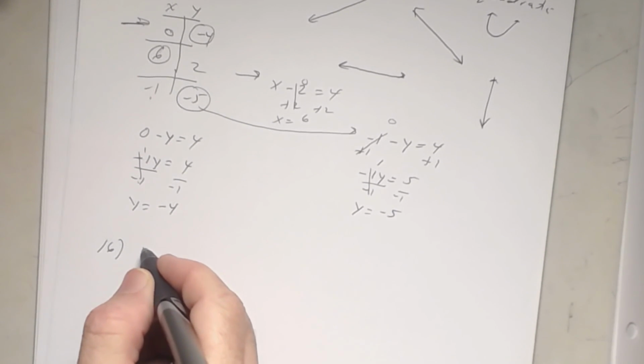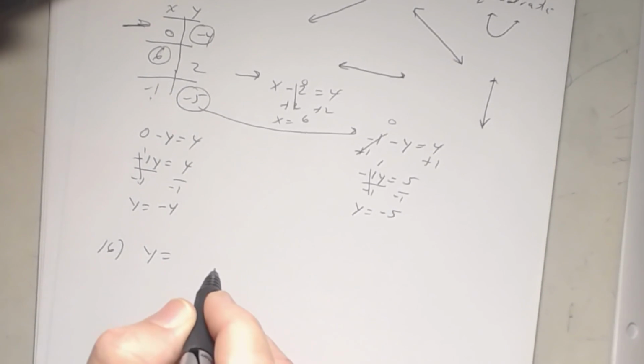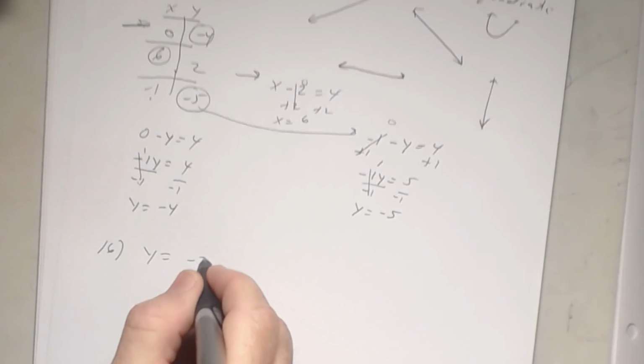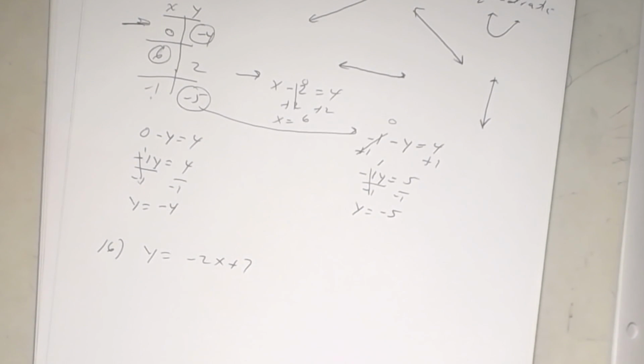You have y equals -2x plus 7. Now, the easier ones to graph for students are where the variable y is already by itself. You see this is already by itself? And so now you can use a t-table.